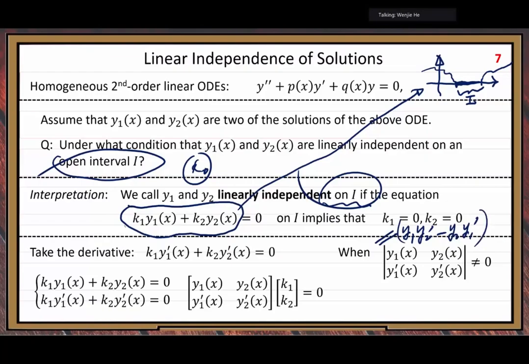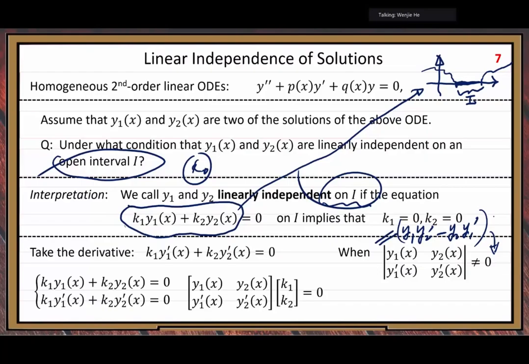When the determinant is non-zero, what's the conclusion? This homogeneous linear system has only the zero solution.